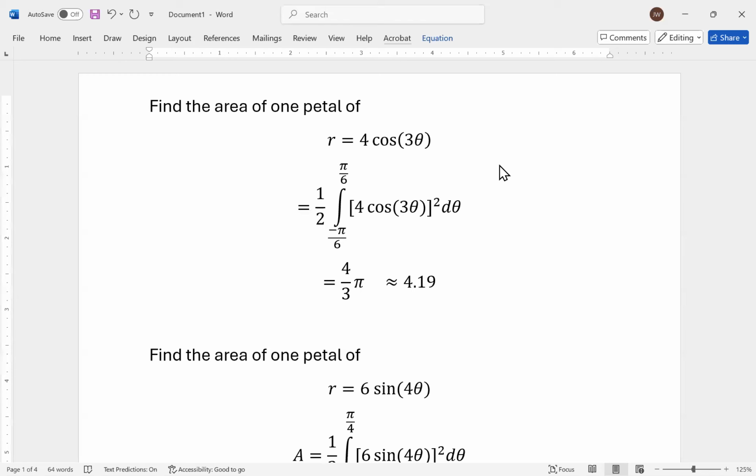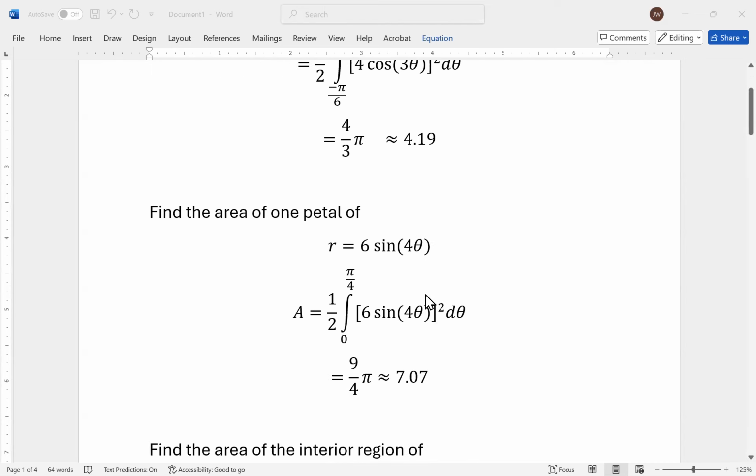The first three we did, like I said, had really nice exact values that you could have come up with. So that very first one, when we had the rose curve with 3 petals, that area actually came out to 4/3 pi. I know I gave you the decimal version earlier.